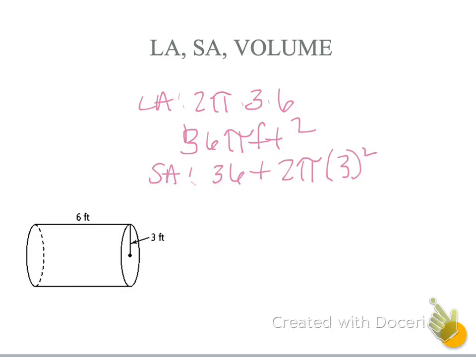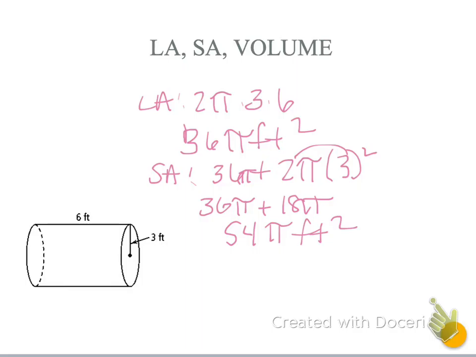So 2 pi r squared. So 9 times 2 is 18, so 36, oops, that was supposed to have a pi. 36 pi plus 18 pi to get 54 pi feet squared.